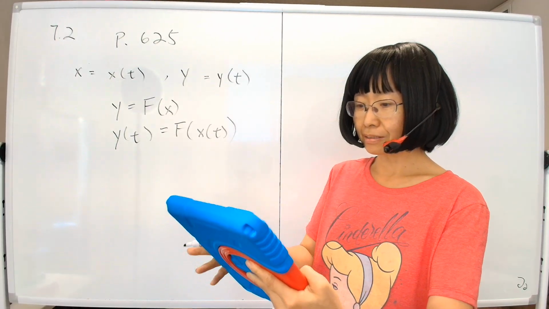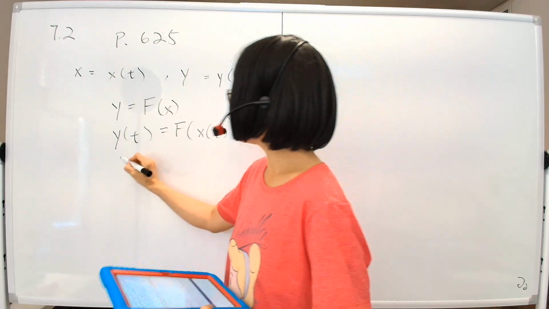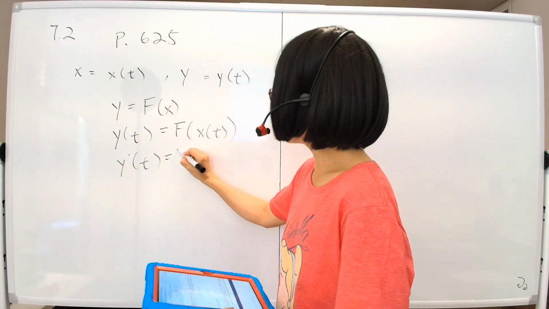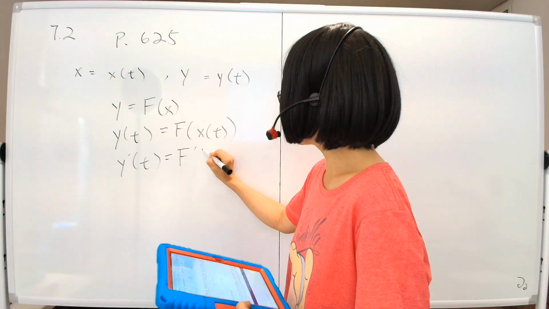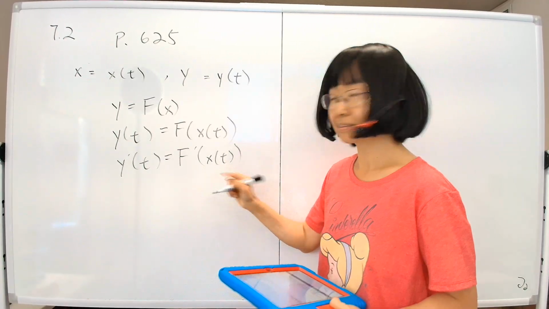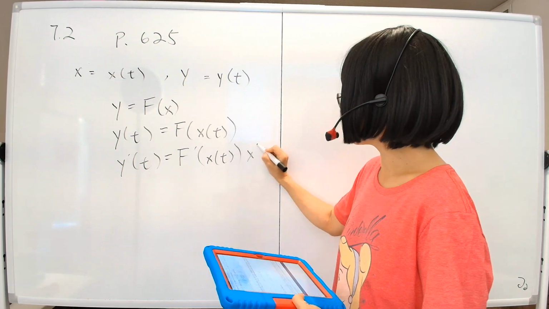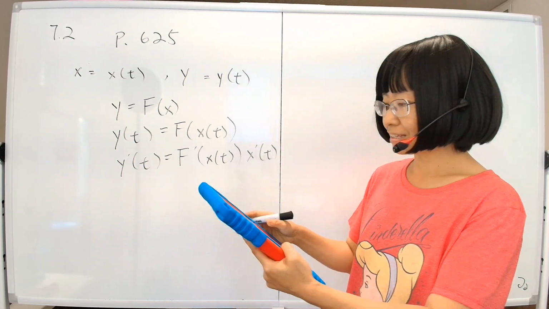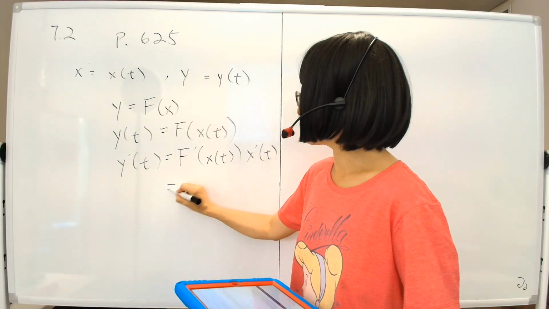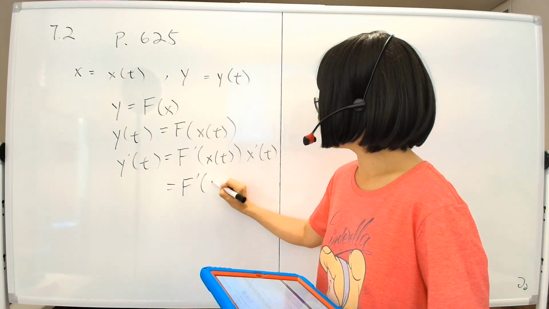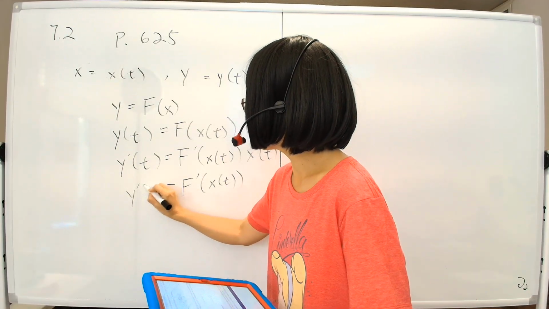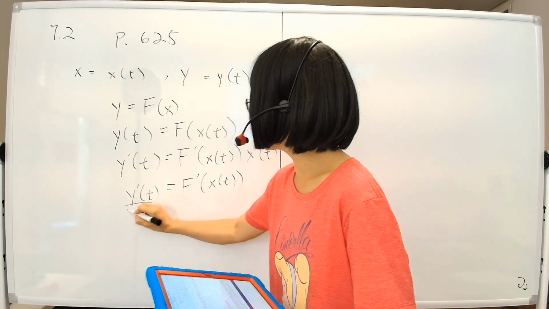Now we do the chain rule, which states that y prime of t equals big F prime of x of t, and then we take the derivative of the inside, which gives x prime of t. Dividing this out, we get big F prime of x of t equals y prime of t divided by x prime of t.